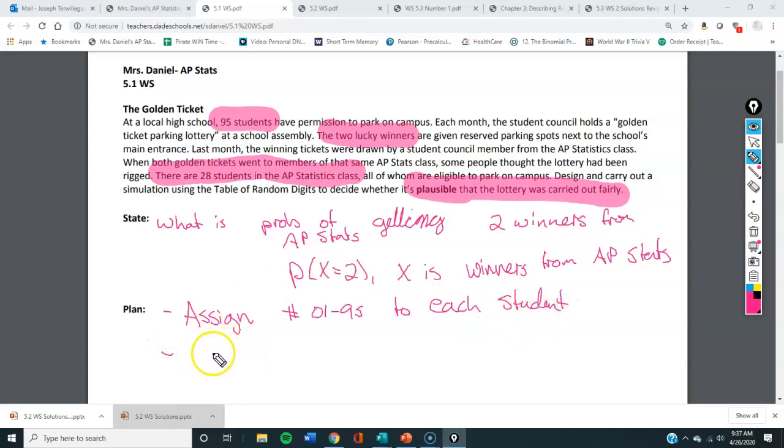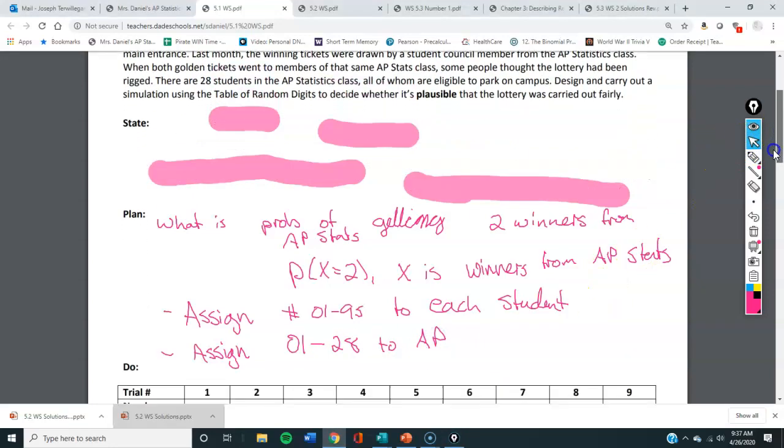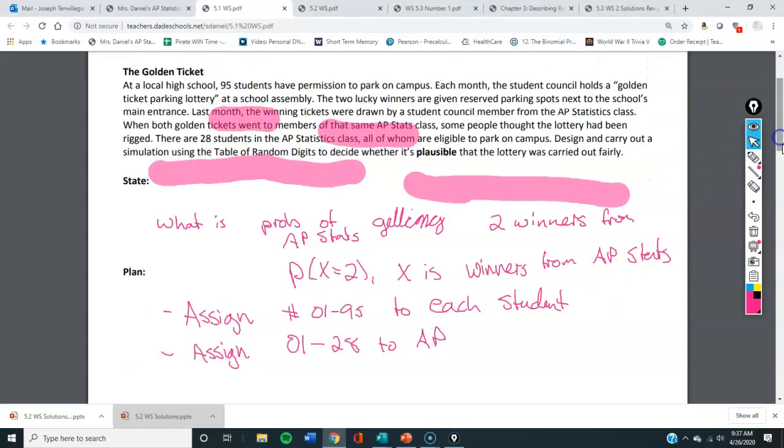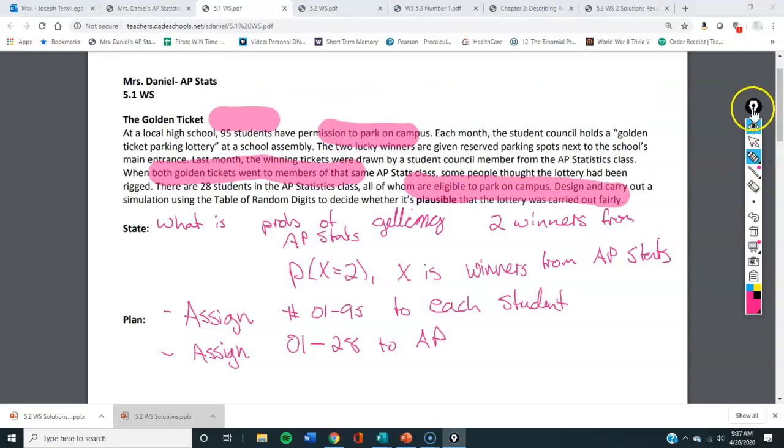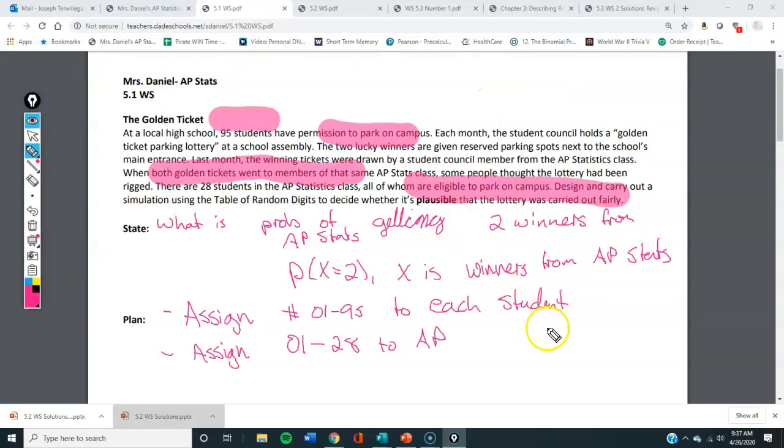Then we're also going to assign 1 through 28 to AP students. Then we're going to select 2 with a random digit table.